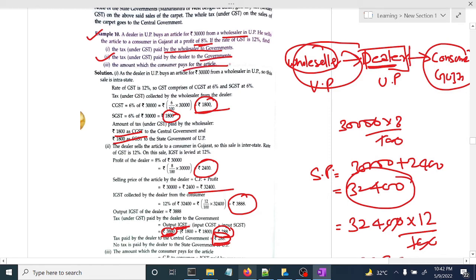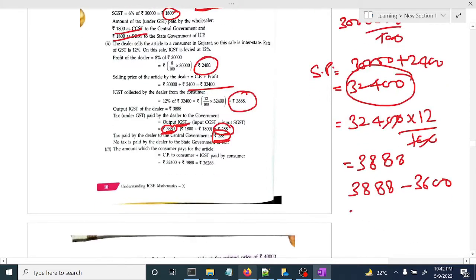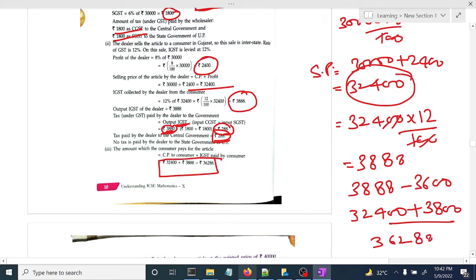The amount which the consumer pays for the article is simple: he is buying goods for 32,400, plus the tax, so 36,288 is the total amount the consumer pays.